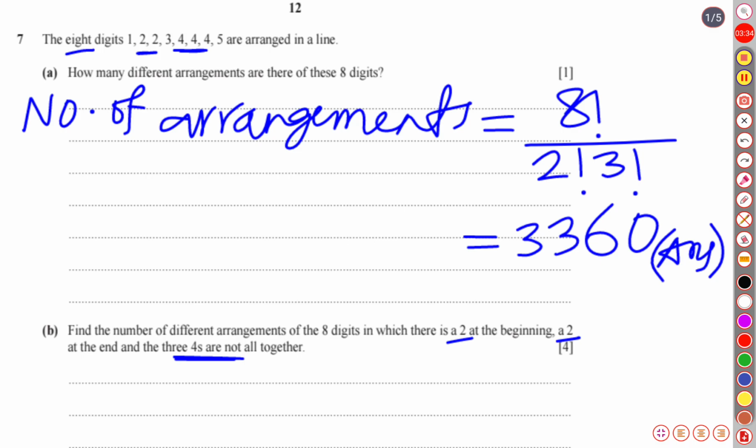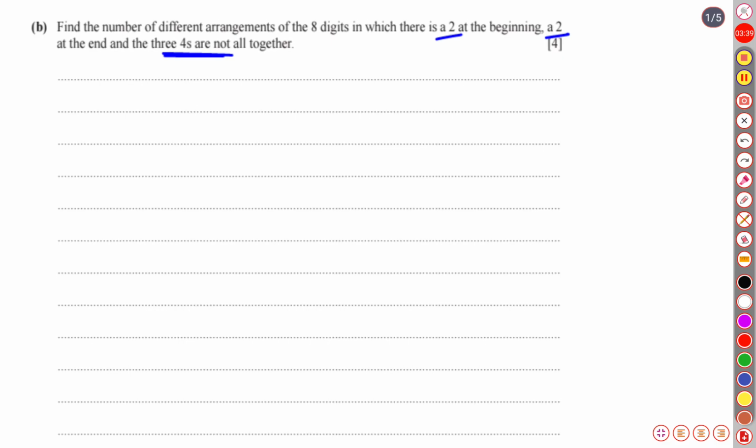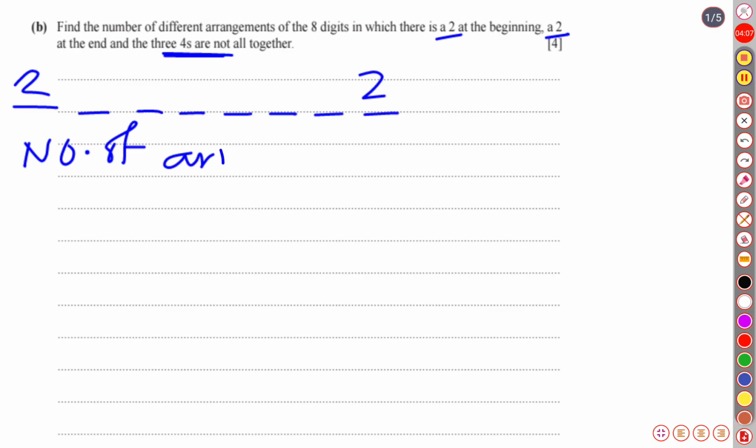So what will we write? Let us write the number of arrangements. Suppose there is a 2 at the beginning, so this is positions 1, 2, 3, 4, 5, 6, 7, 8. A 2 is at the beginning and another 2 is at the end. Then we will write the number of arrangements when there is a 2 at each end, and we are not applying any more restrictions in this case.